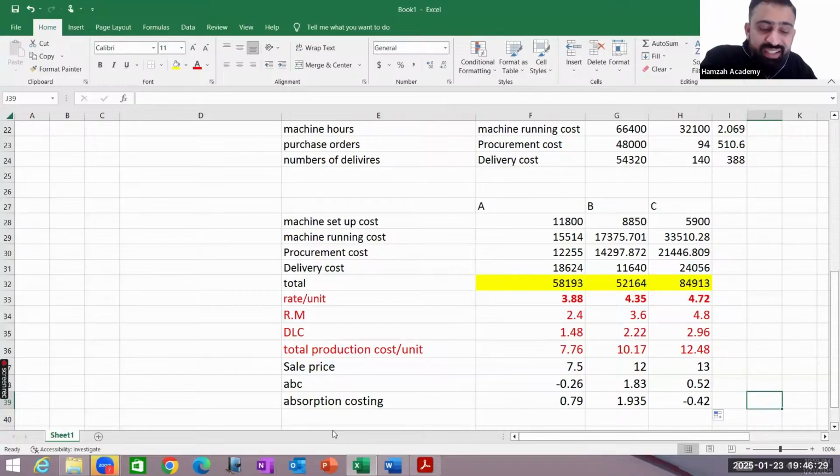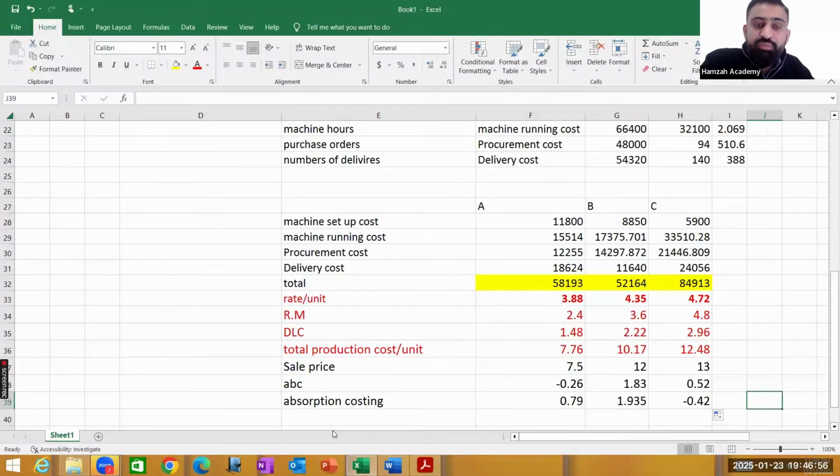And you can see the impact. If we talk about the impact on product A, in absorption costing, product A was profitable. That means in the traditional costing system, we were allocating less overhead to product A as compared to ABC. That was not appropriate.